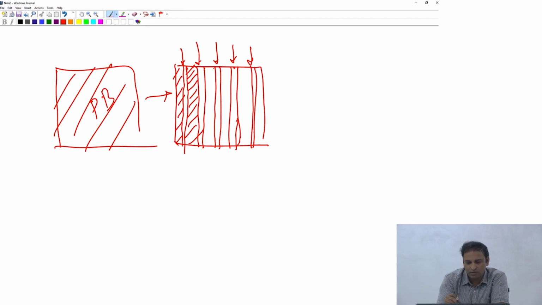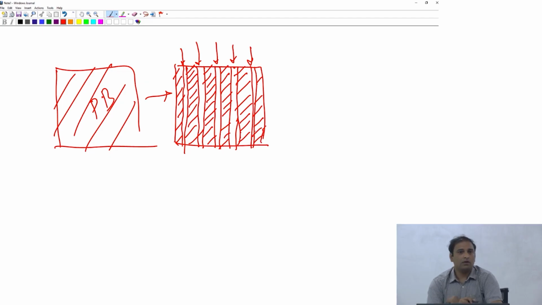These are the solids that form the packed bed. Of course it's a very simplified model, right?